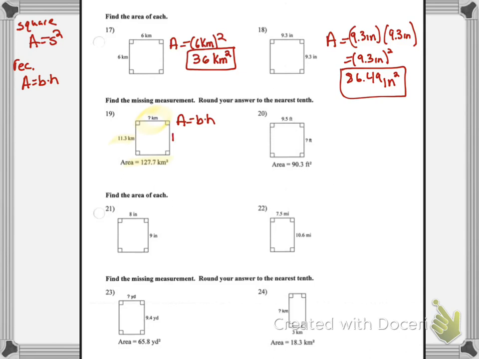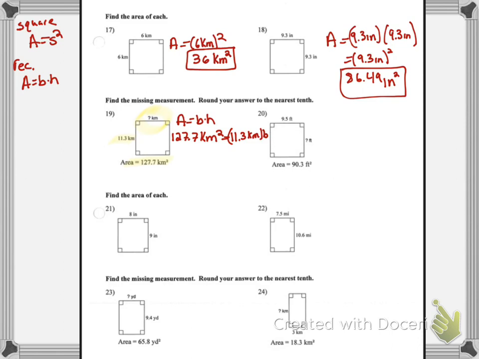So our area is 127.7 kilometers squared, and over here we have our height of 11.3 kilometers times our base, which we don't know. Now that we're going backwards, our side length is just going to be kilometers for its units.